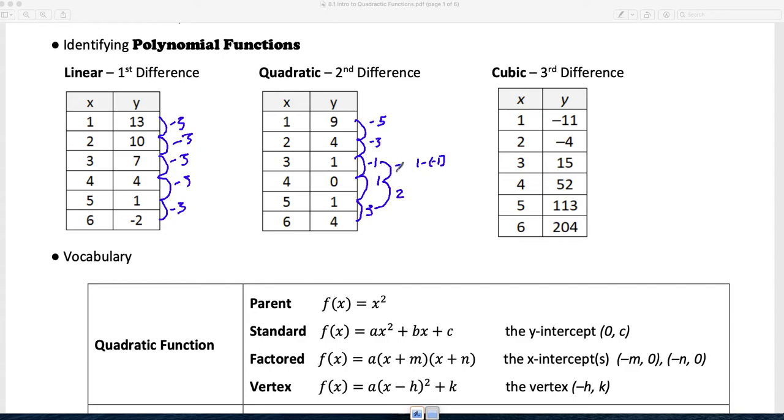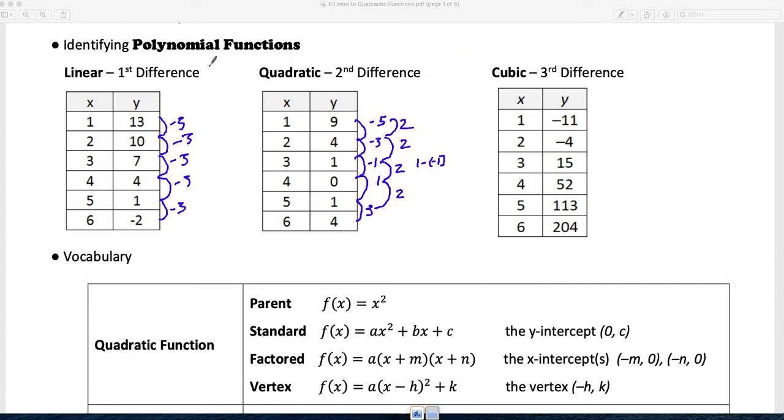That's how I'm going to get a 2 here. You're going to see the same thing that happens here. -1 minus -3 is the same thing as -1 plus 3. So that's a 2. You starting to see what's happening? So while quadratic functions don't have slopes, they have a second difference where I get the same number when I subtract the second time.